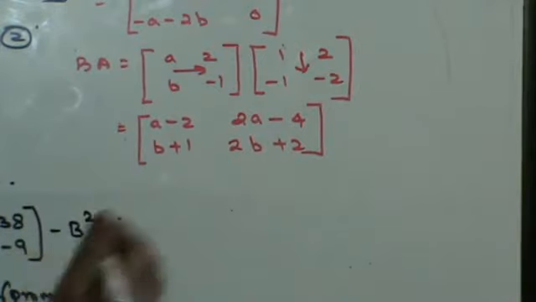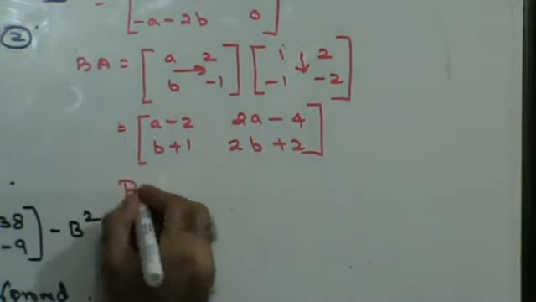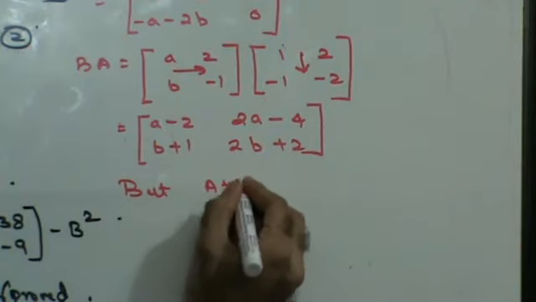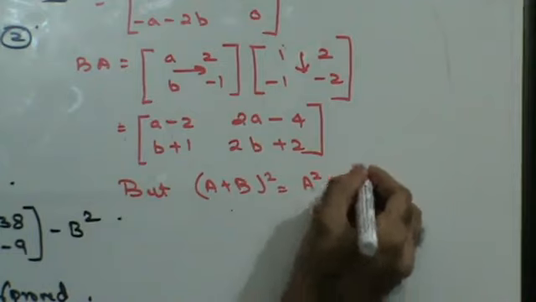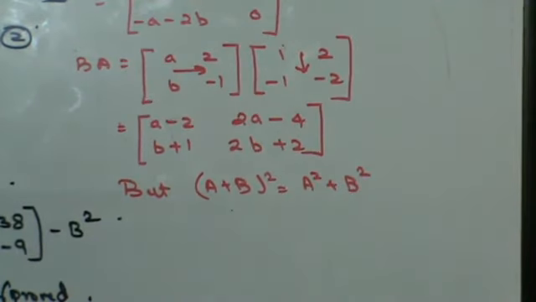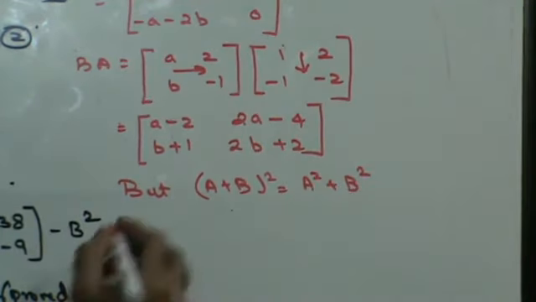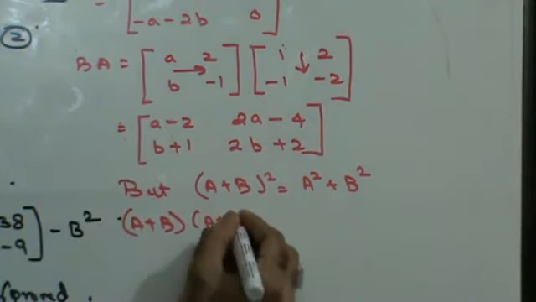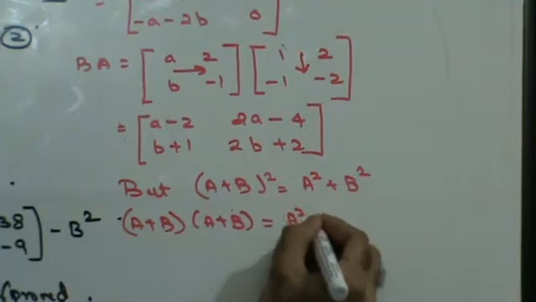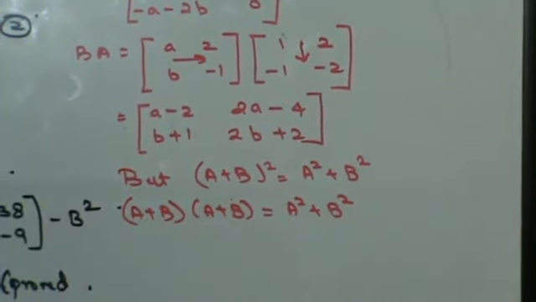Now in this case, they give me that (A plus B) the whole square is A square plus B square. Now (A plus B) the whole square is nothing but (A plus B) into (A plus B), which is A square plus B square.